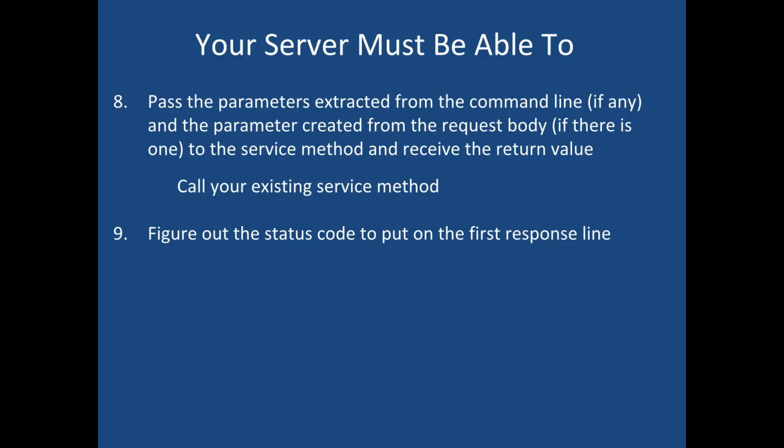If your service method wants to return a different code, 409 conflict or something, it throws an exception, which is, I forget what it's called, HTTP status exception or something like that. So you just got to catch that exception, and if you catch one of those exceptions, then you know to send back a response with that response code, as opposed to the 200 or 204.